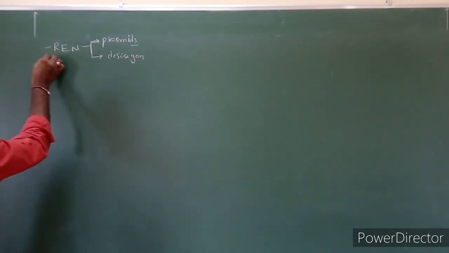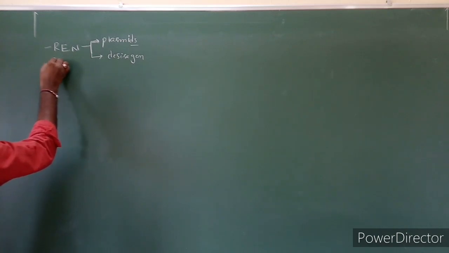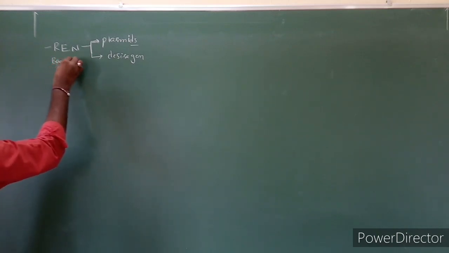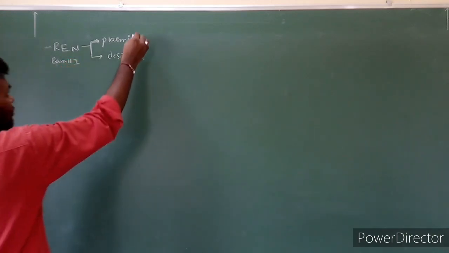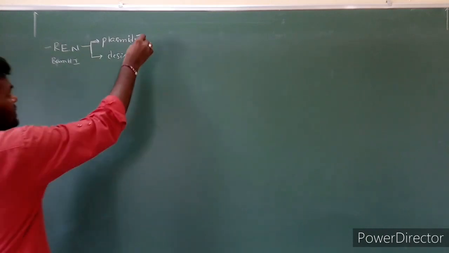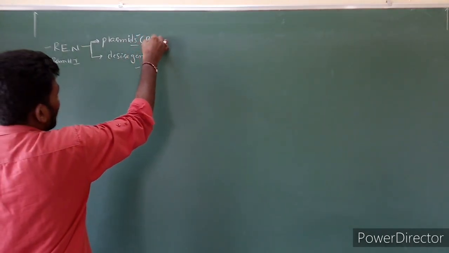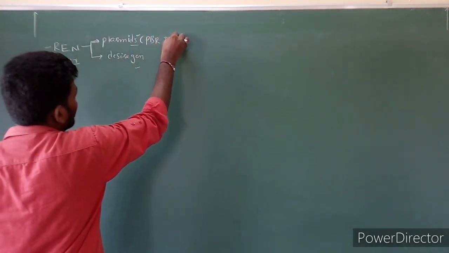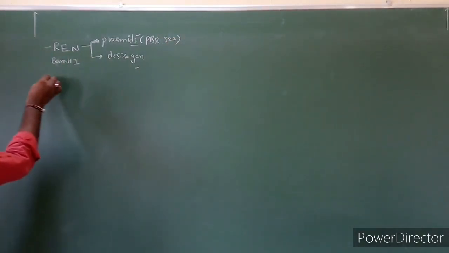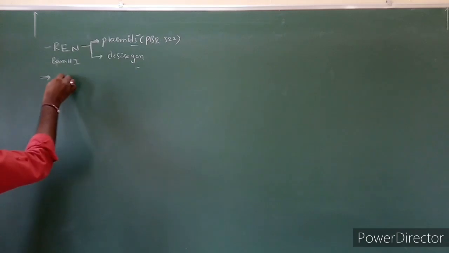The same enzyme we have to use. For example, BamHI is used for cutting plasmids as well as the desired gene. Which plasmid was used? pBR322 plasmid was used. First step is finished. And second step, we prepared a cloning vector.